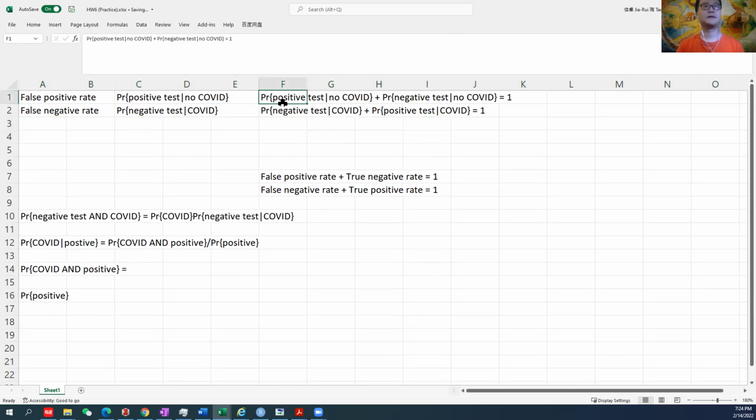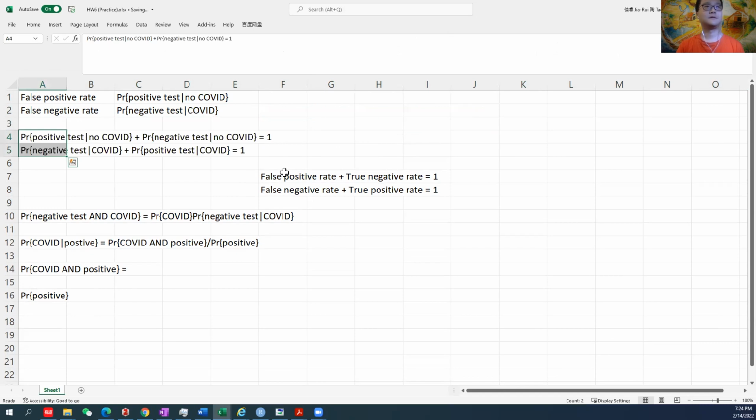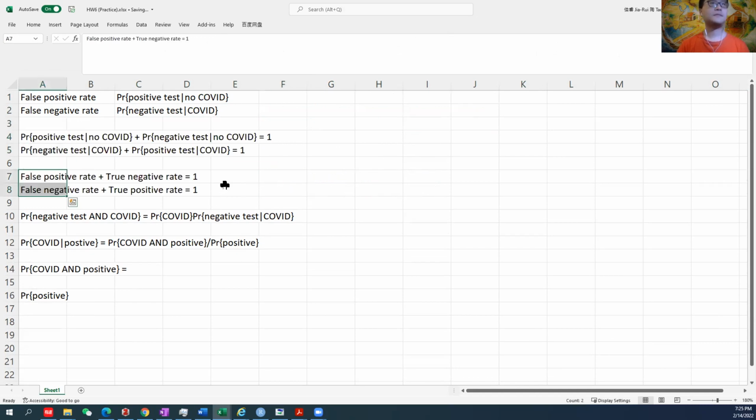As I said earlier, all the rates are about conditional probabilities. Among these rates, there are some relations that are important.